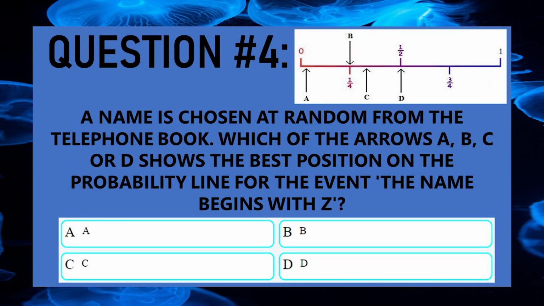Question number 4. A name is chosen at random from the telephone book. Which of the arrows A, B, C, or D shows the best position on the probability line for the event the name begins with Z?